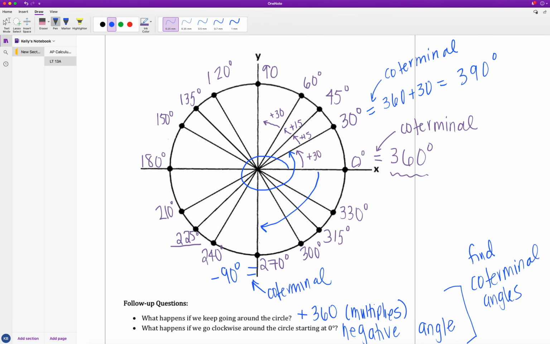And I could do this for any point on here. If I take this guy and rotate clockwise, and let's say I go all the way to where 210 is, then I went negative 90, then I went a little bit more. This is actually negative 150, and those guys are coterminal to 210. And I can do this for any spot on the unit circle.